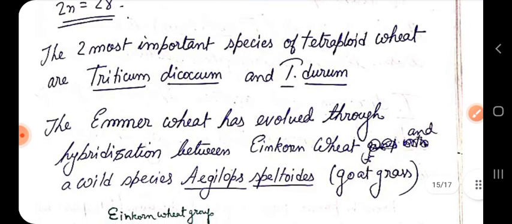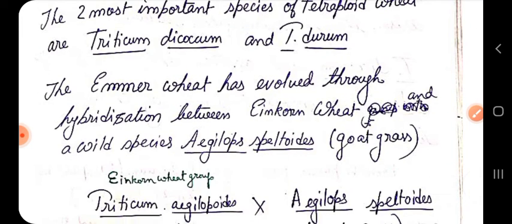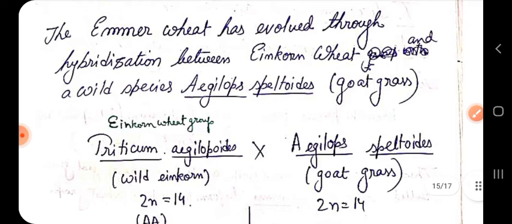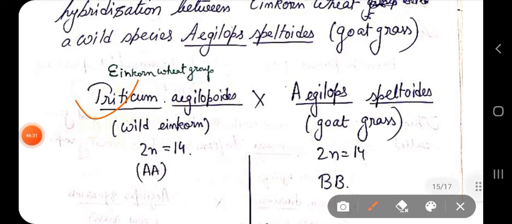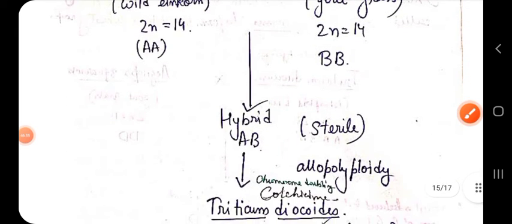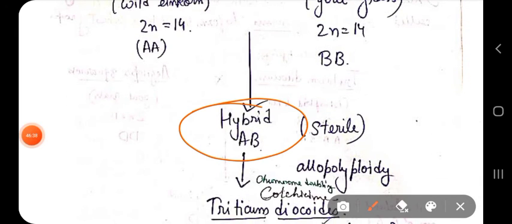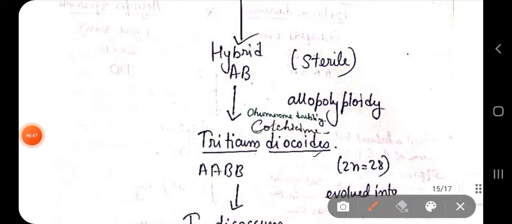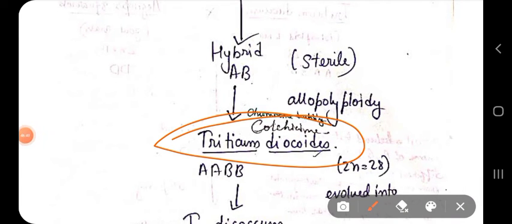The Emmer wheat group has evolved by hybridization of the Einkorn wheat group and the wild goat grass Aegilops speltoides, and the hybrid is forced to undergo chromosome doubling by colchicine treatment.